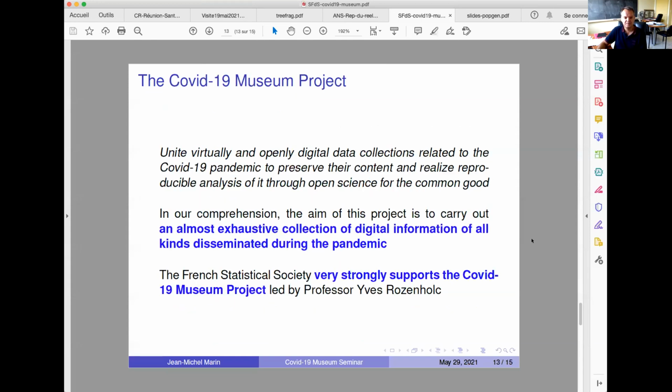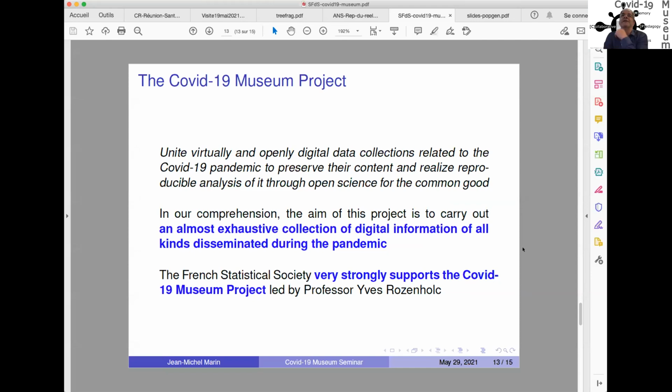With respect to the COVID Museum project, perhaps, Yves, I will explain in a few slides later why the society strongly supports the COVID Museum project, or I do that right now. I think it's better if I do that after you recall what the project is, no? We cannot hear you, Yves.